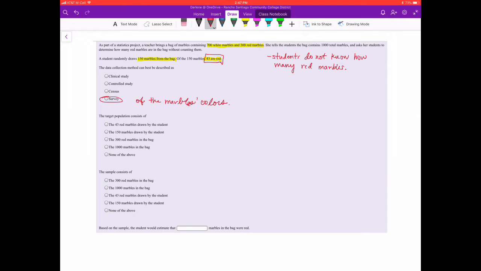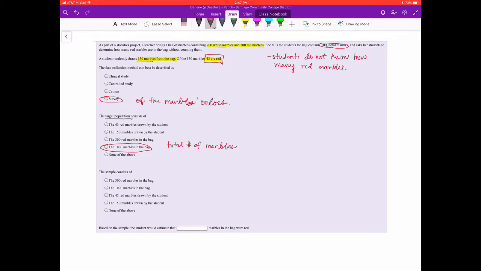The target population consists of the total number of marbles in the bag. Now, just because your sample had 150 marbles, remember that you had 1,000 marbles in the bag.